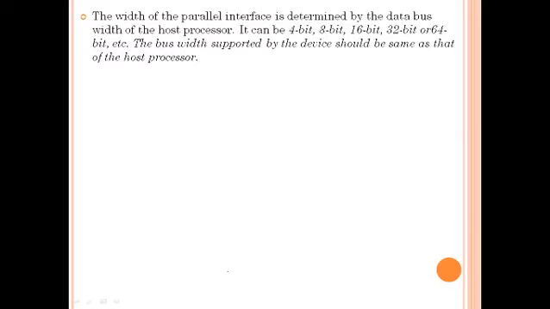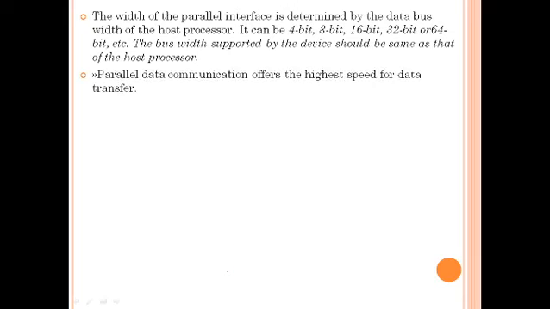The width of the host processor bus can be 4-bit, 8-bit, 16-bit, 32-bit or 64-bit. The bus width supported by the device should be the same as that of the host processor. Parallel data communication offers the highest speed for data transfer between the host processor and the peripheral devices.